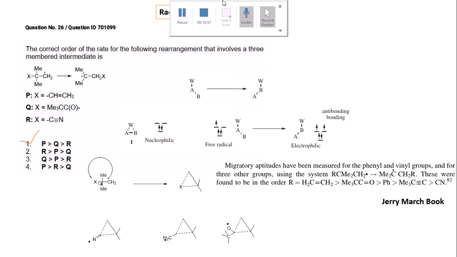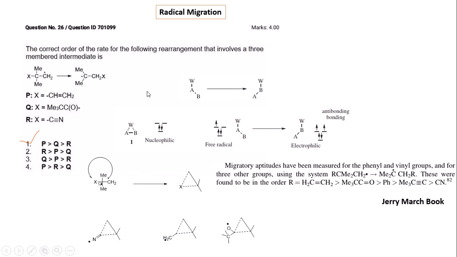Radical migration is the main key factor for the rearrangement reaction, but it is less favorable compared to the nucleophilic rearrangement. We know that this is a 1,2 shift type reaction, and the group W is migrated from the A center to the B center.